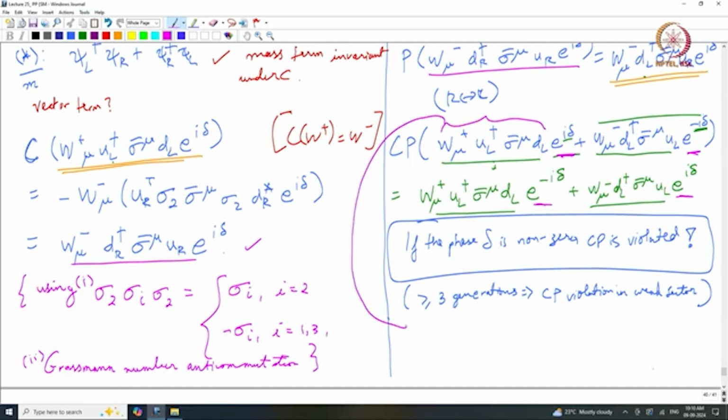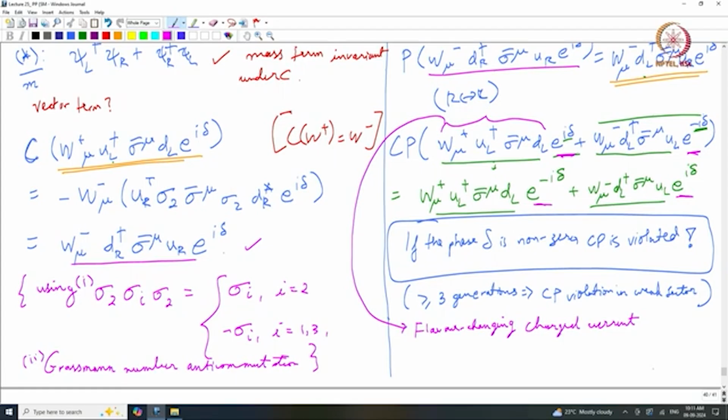This is what I would call a flavor changing charged current. Why is that? Clearly it is flavor changing, right? The U goes to D. That is always forced to happen because you are interacting with a W boson, which is electrically charged, right?